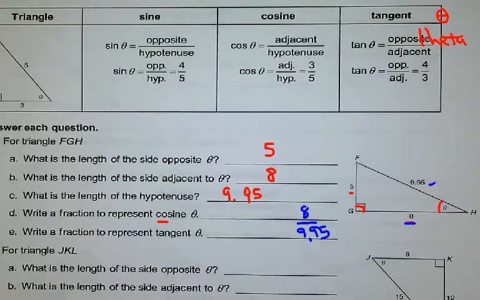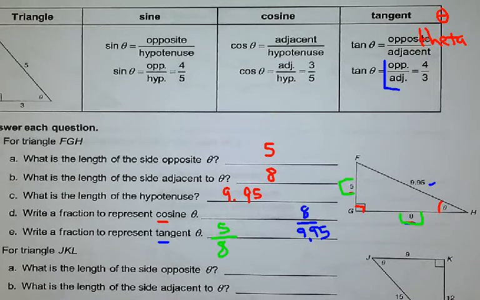And then if I wanted tangent, remember, tangent is opposite over adjacent. So I look, opposite is this guy, and adjacent is this guy. So tangent would be opposite divided by adjacent.